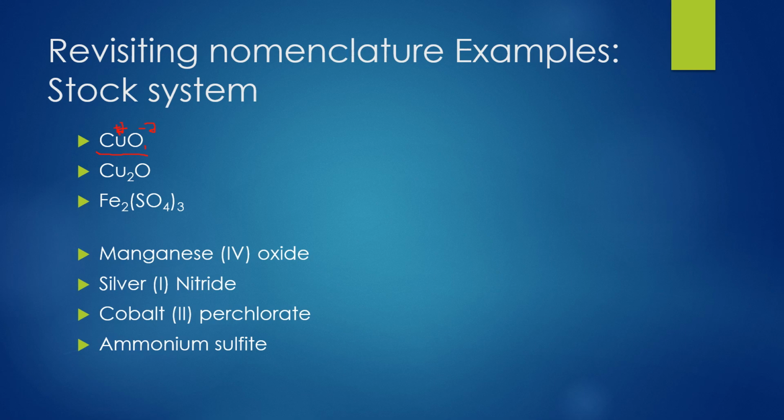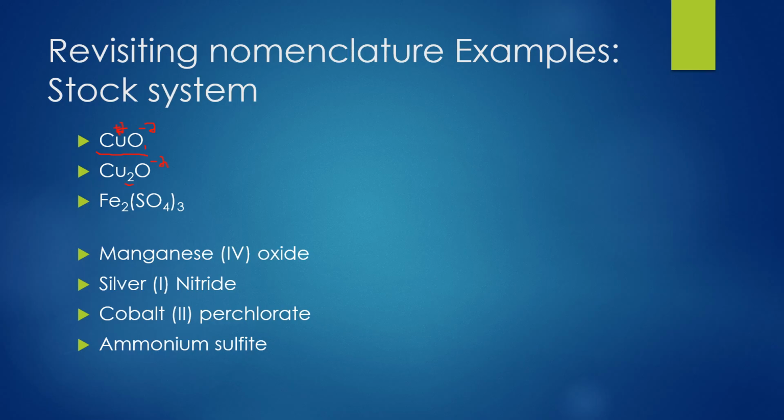All right, let's look at the second example. Very similar, but notice the only difference is now this subscript of 2 after copper, meaning there are 2 copper atoms in this compound. So to figure out the charge on copper, we do the same process. We know that oxygen has a -2 charge. There's only one oxygen in this case, so the total anion side is -2. That means our total on the cation side needs to be +2.